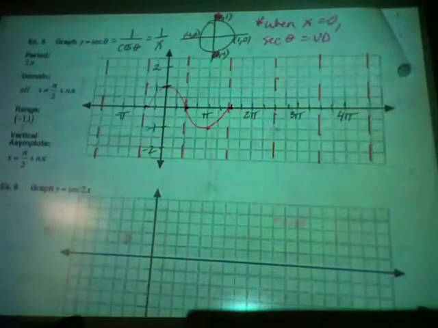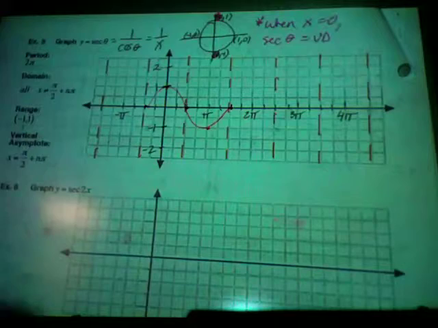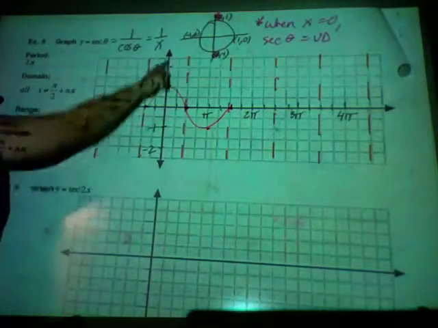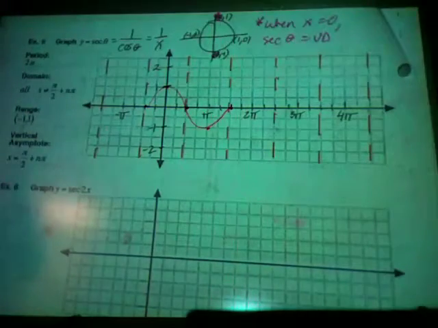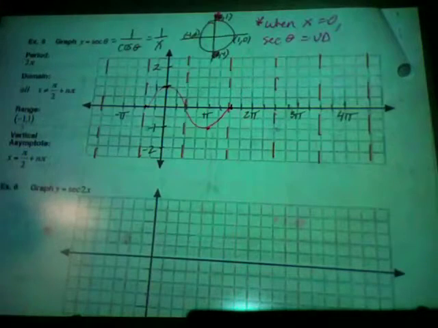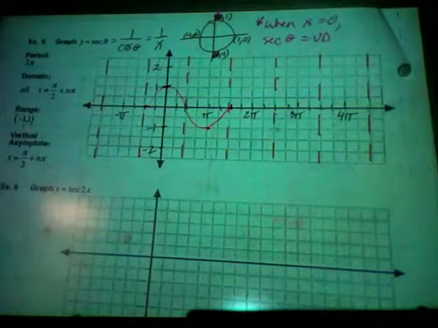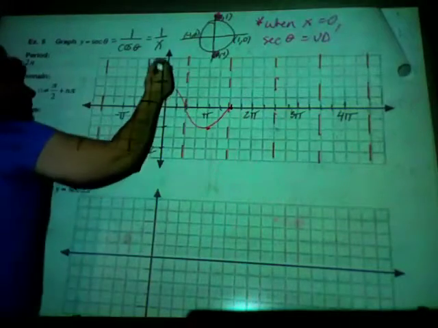Now it kind of looks like the sine curve, doesn't it? But at the y-axis, isn't it at 1? So we know it definitely isn't the sine. All right, so this is an asymptote, so make that go away. And then remember, secant is the inverse of cosine. So what's going to happen? Yeah, so this is going to flip up.